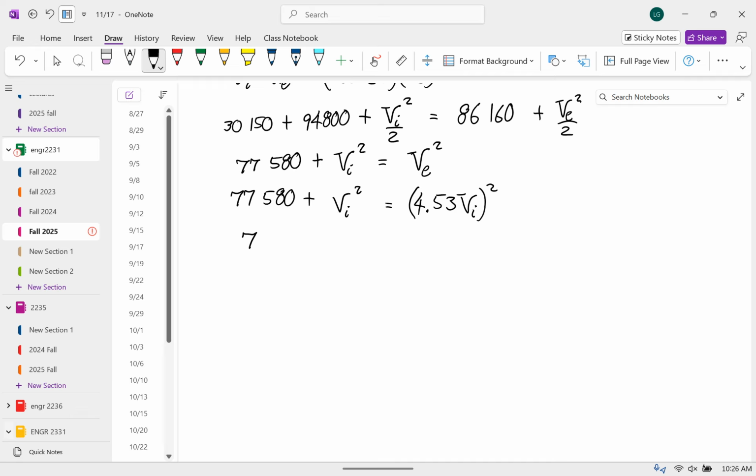So that says 77,580 is equal to 19.52 Vi squared. And so Vi is 63.03.